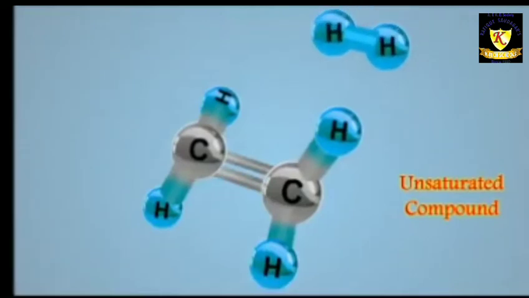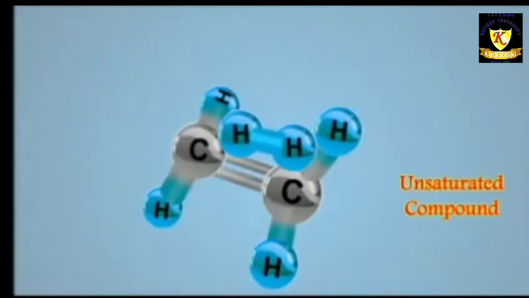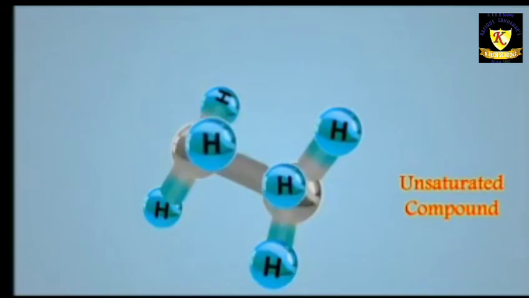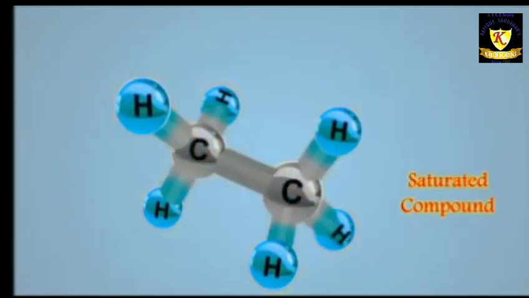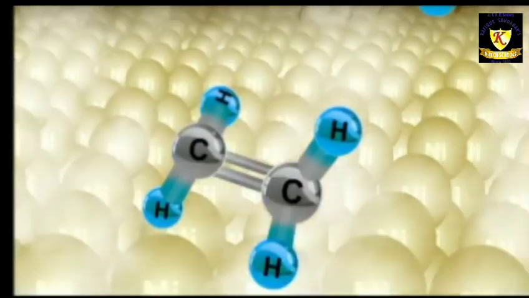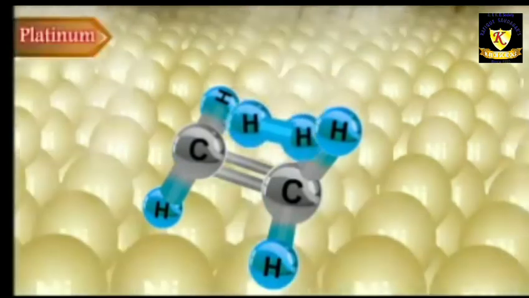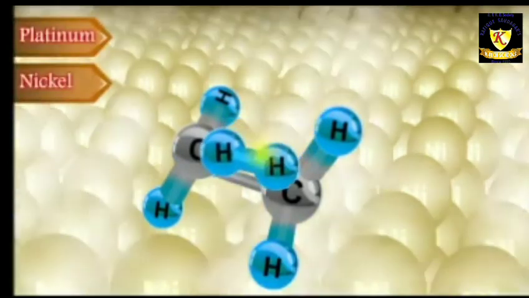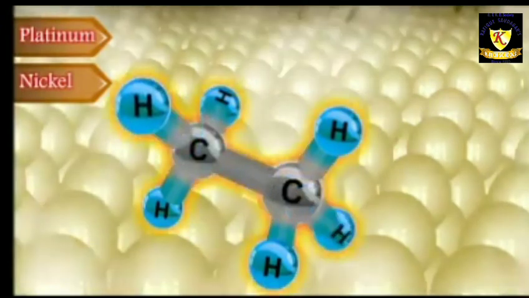The unsaturated compound can also undergo addition reaction with hydrogen to form a saturated compound. However, it is necessary to use a catalyst like platinum or nickel for this reaction.